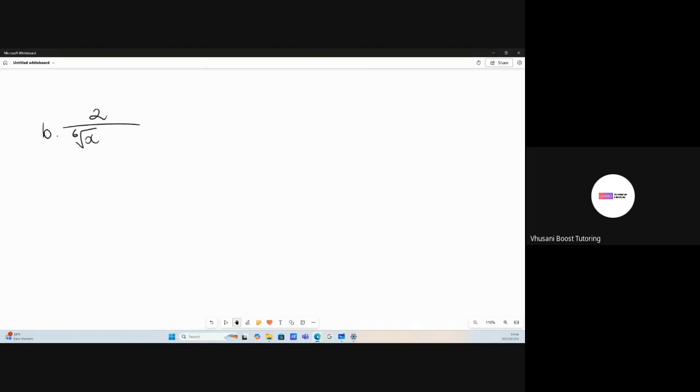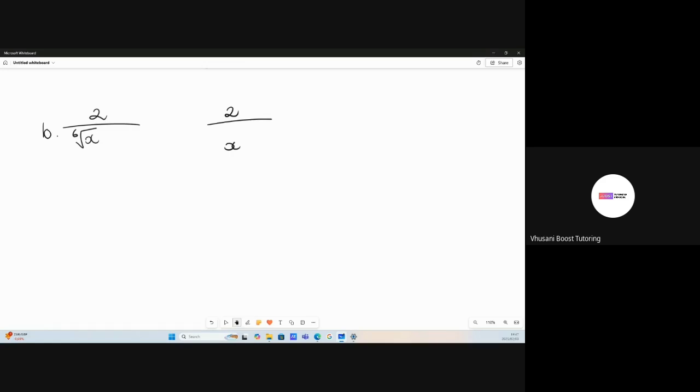So I would like someone to tell me, how do you rationalize this? Does anyone have an answer to my question? It's 2 over x, okay, so is it 2 over x to the power of 1 over 6?